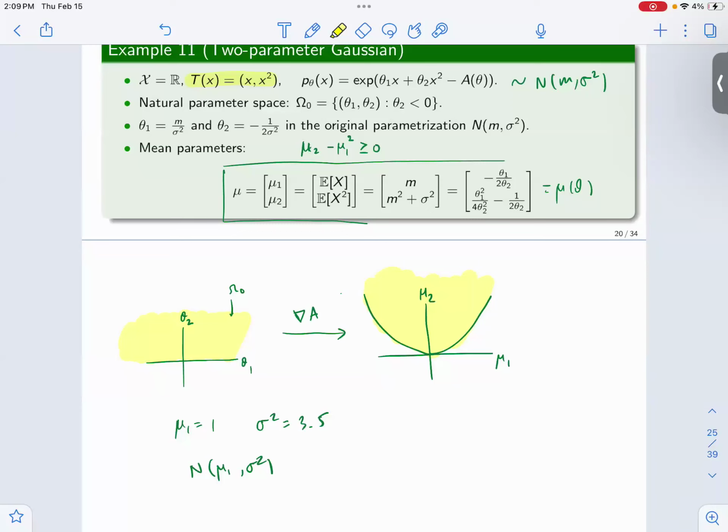And as I vary the distribution on X, the distribution of T of X varies and the mean of that distribution varies. And it traces a set, in this case in R2.